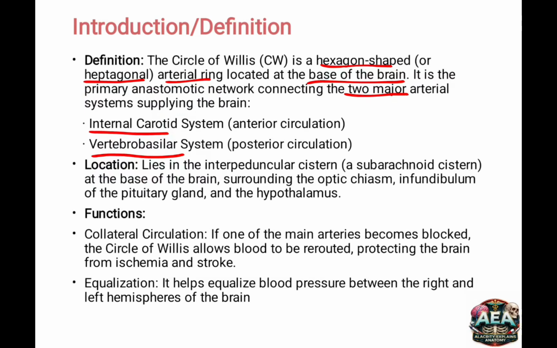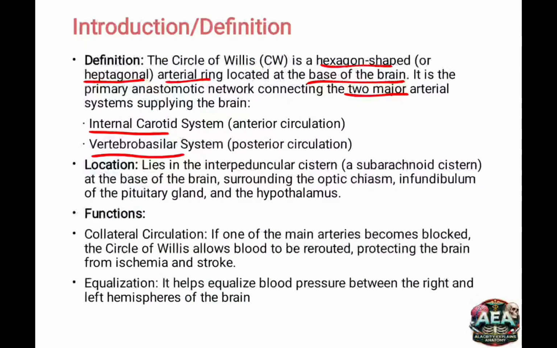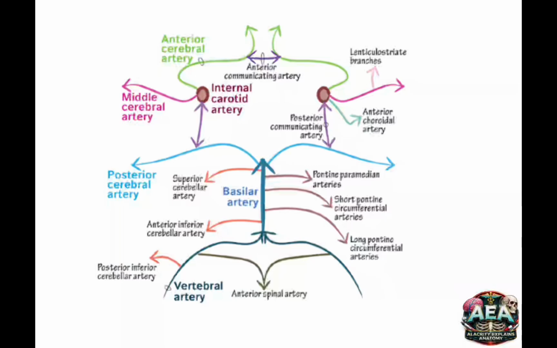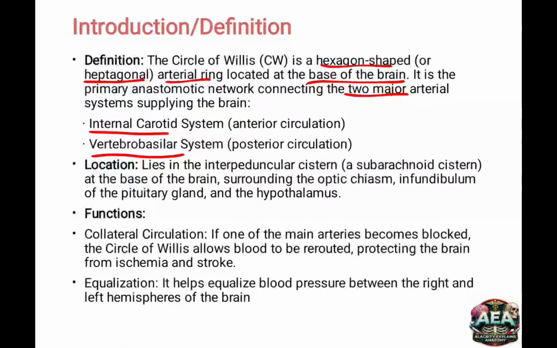The internal carotid system forms the anterior circulation, while the vertebro-basilar system forms the posterior circulation. So this is the basilar artery and this is the vertebral artery. So these together form the vertebro-basilar system, while these form the internal carotid artery system.